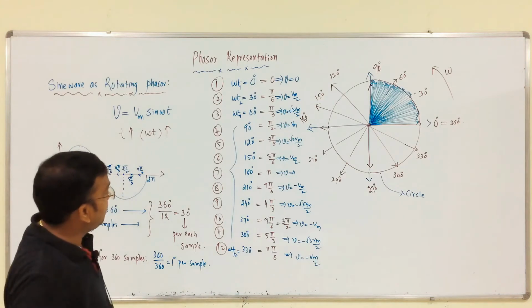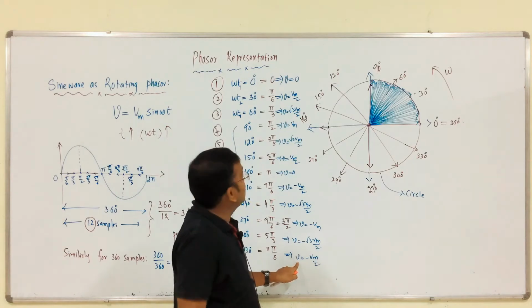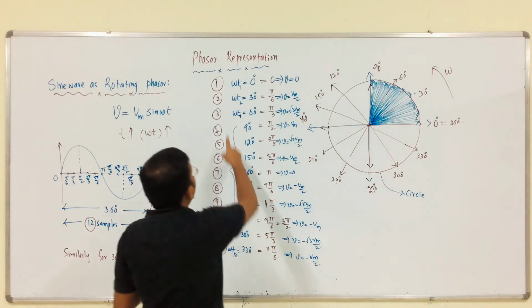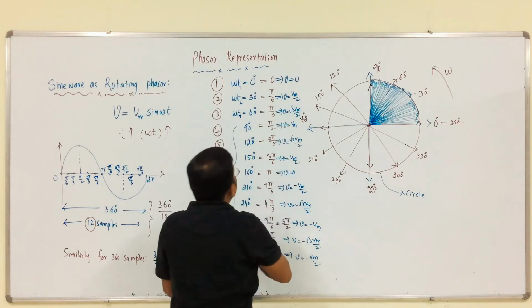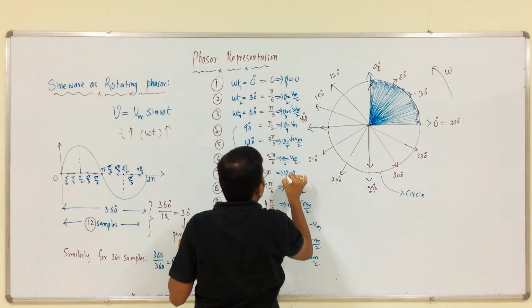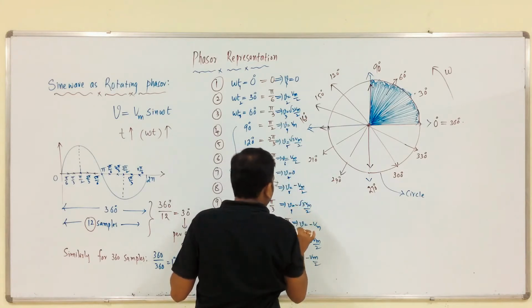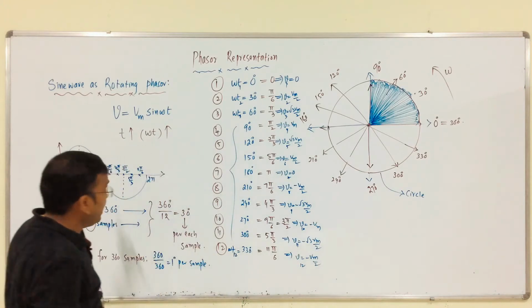So, this is the value of instantaneous voltage. So, for different instants, we will get different instantaneous voltages. This is V1, V2, V3, V4, 5, 6, 7, 8, 9, 10, 11, 12. So, at 12 instants, we will get different voltages, right.